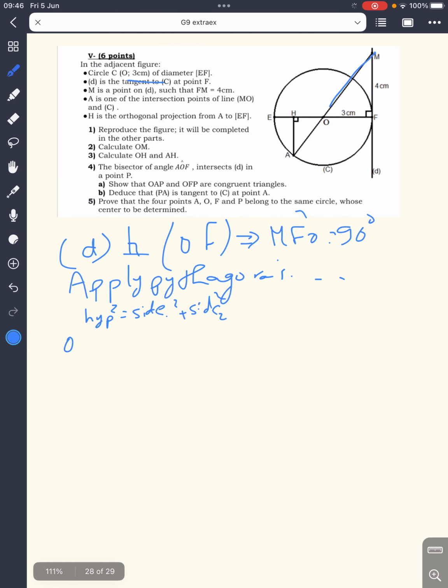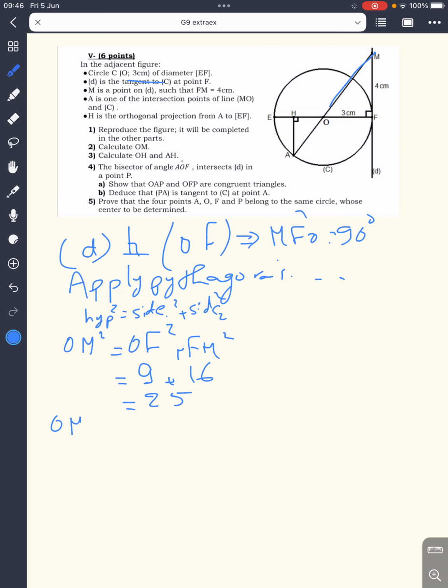Here it's OM square equals first side, which is OF square, plus second one, FM square. OF is 3, square is 9, FM equals 4 given, 4 square equals 16, so OM square equals 25, then OM equals radical 25 equals 5 centimeter. This is how we find the value of OM.